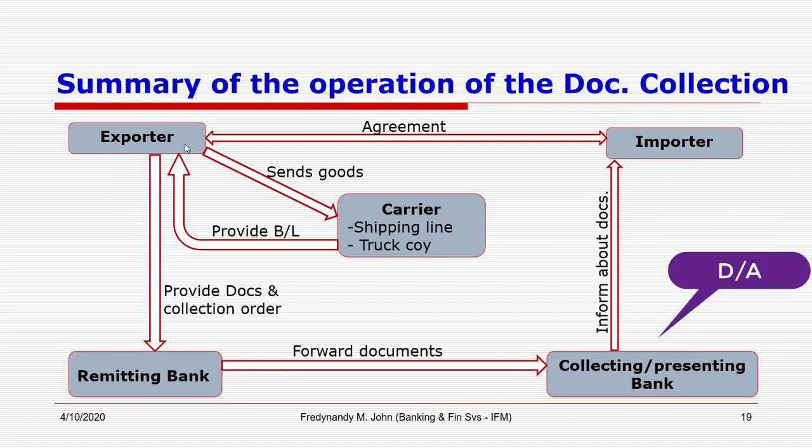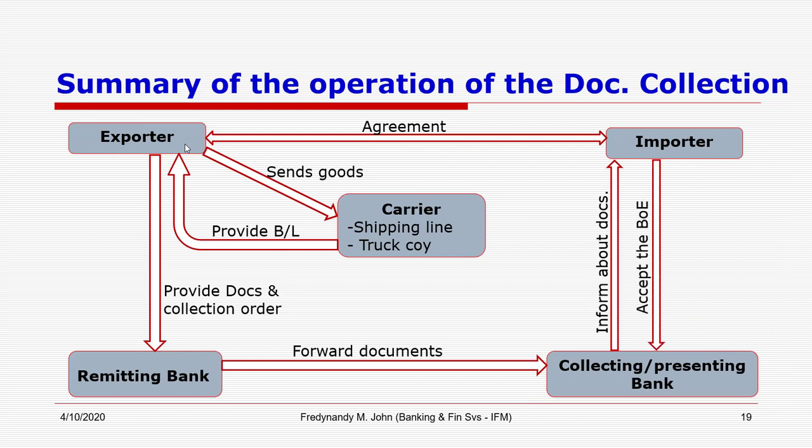But if the arrangement is for documents against acceptance, it means upon receiving the information about the existence of the documents at the presenting bank, the importer will have to come over and accept the bill of exchange. After accepting the bill of exchange, the presenting bank will release the documents, and as earlier, the importer will proceed to collect the goods from the shipping company or shipping agents.